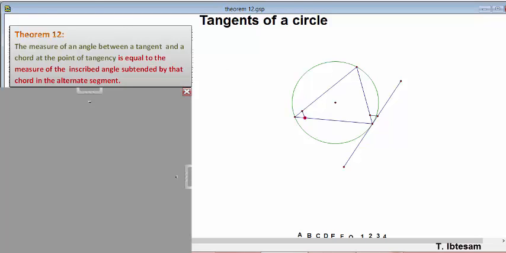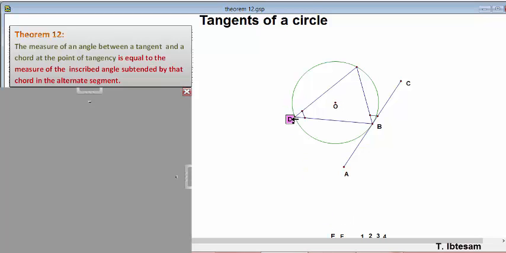Okay, to make it easier, we should give them names. Let's make this one A, B, and C here. And of course, I will give the letter O as the center of the circle.